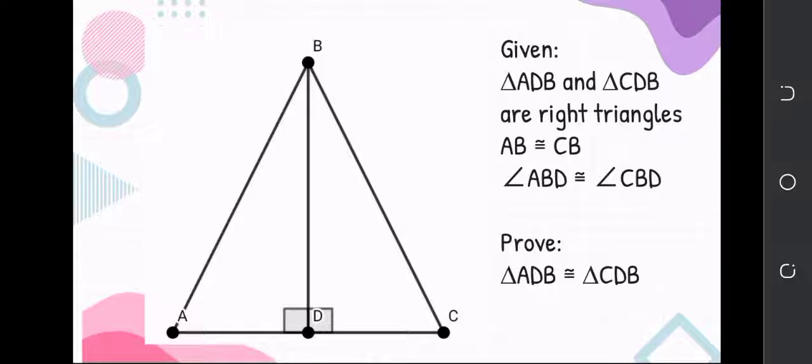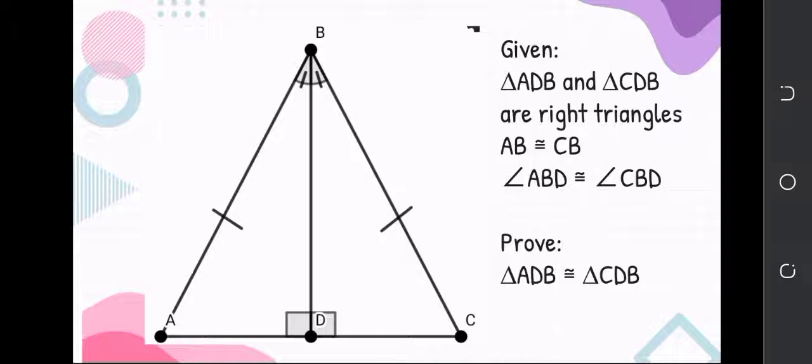Line segment AB is congruent to line segment CB, and both are hypotenuse. And the congruent acute angles are angle ABD, which is congruent to angle CBD. We have to prove that triangle ADB is congruent to triangle CDB.